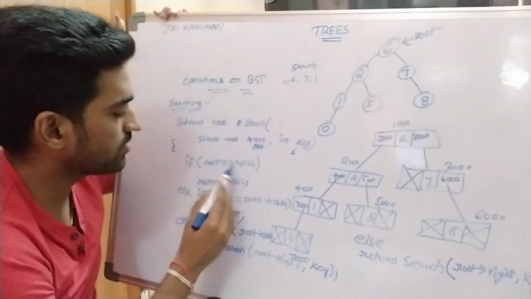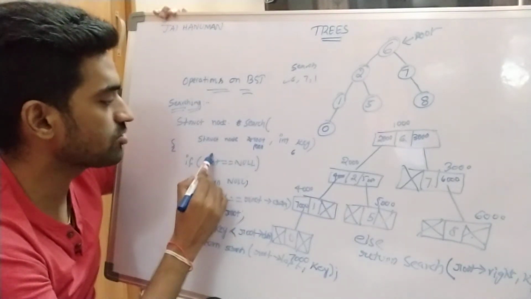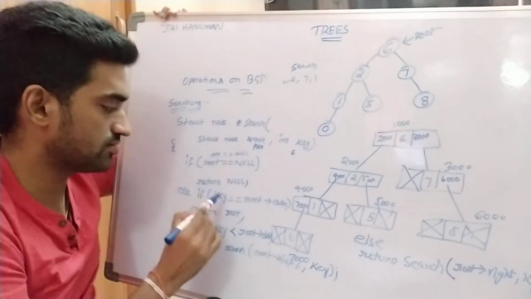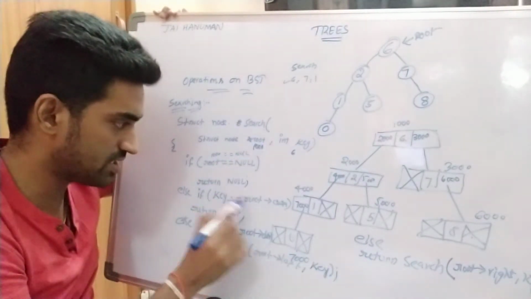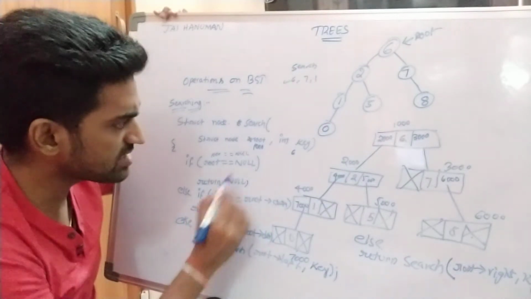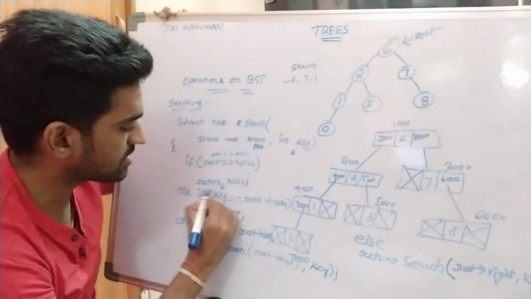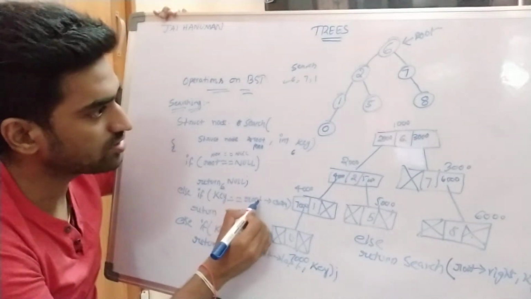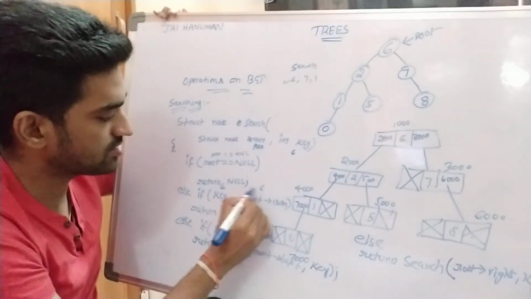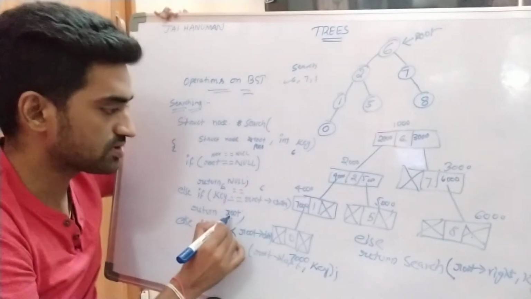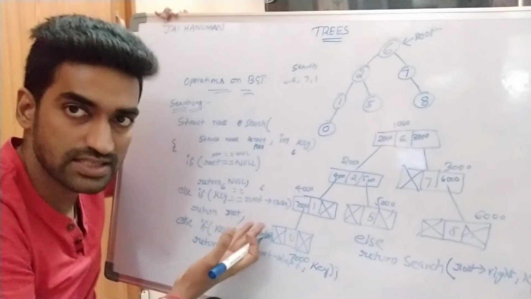Root is 1000, which is not equal to null, so the tree exists. So we check one more condition: key is equal to root data. The key value is 6, and the root data is 6. So 6 is equal to 6, then we return root. So the desired element is found.